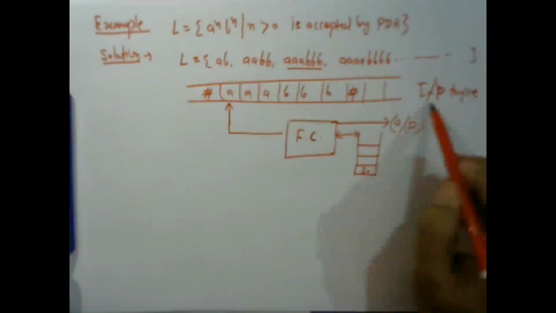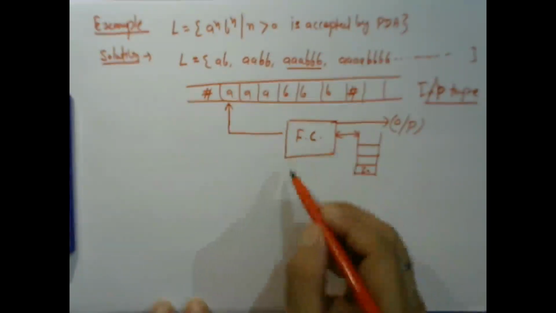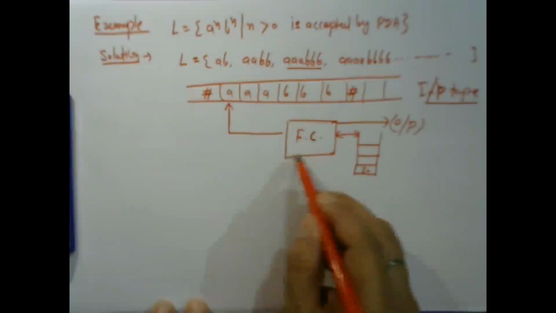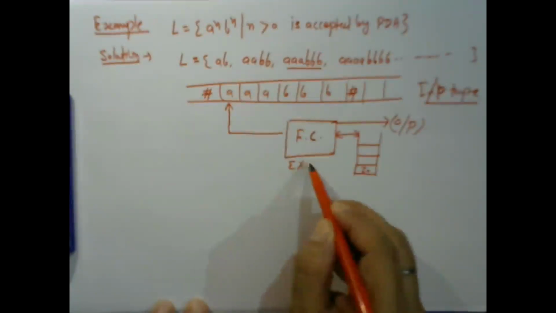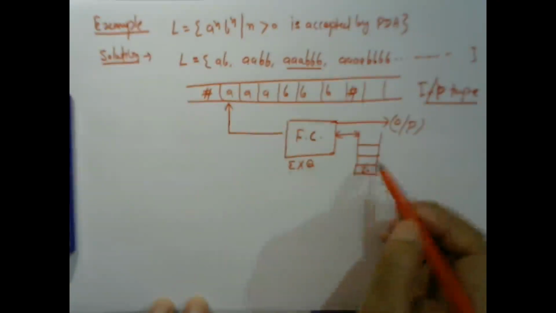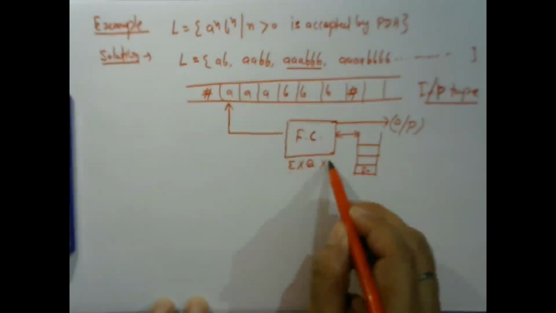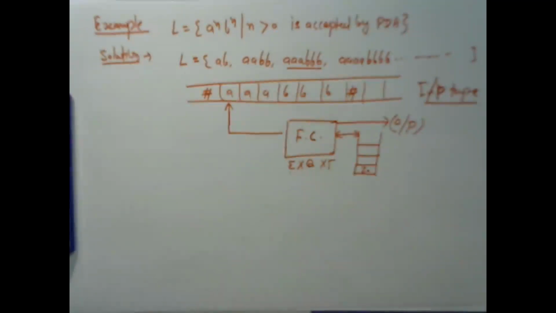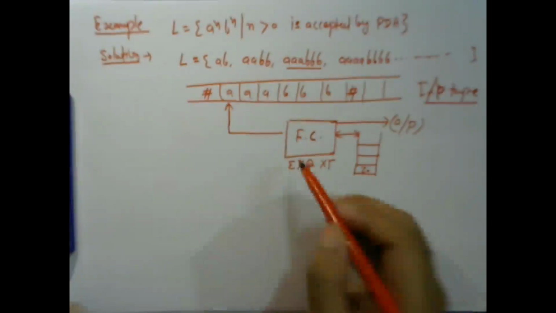This is the input tape. There is a finite control, which is in the form of sigma, Q, and a cross product with the stack, that is gamma. That is the form of the finite control.